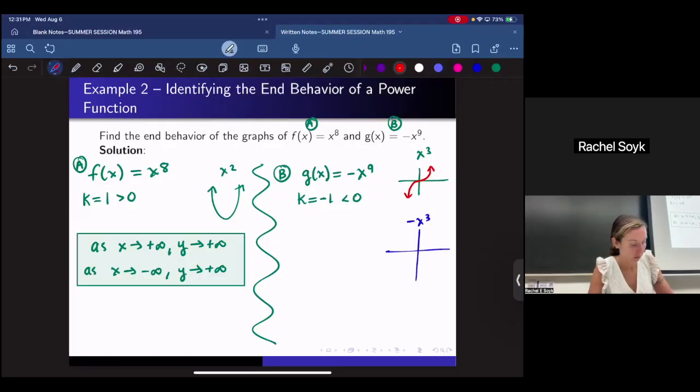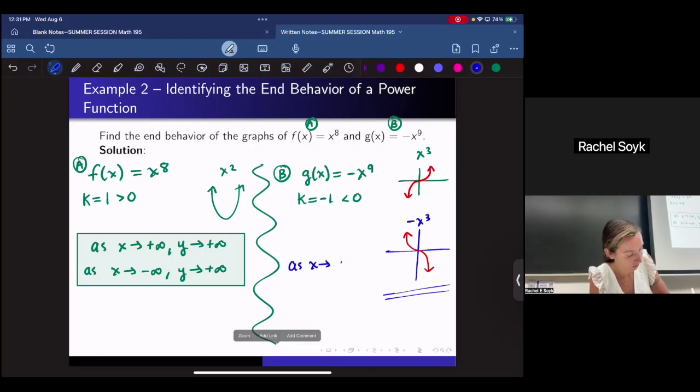And so we're looking at something like this. That's the one that we're going to hone in on. And then you just look at the graph to figure out what your end behaviors are. As x goes to positive infinity, y shoots to negative infinity. And as x goes to negative infinity, y shoots to positive infinity. That's it.